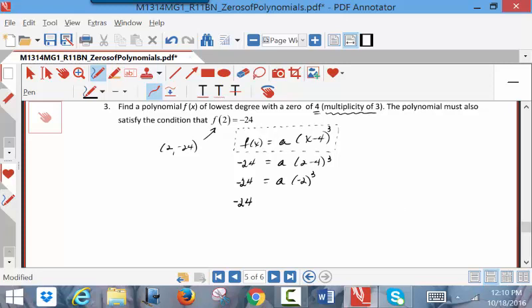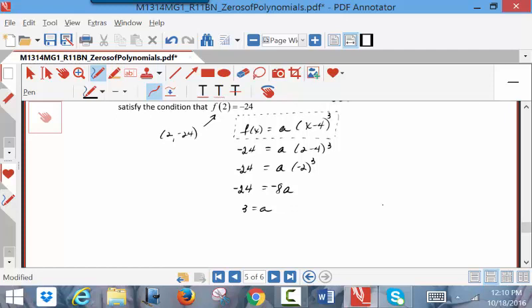Okay, negative 2 cubed is negative 8. And finally we get an A value that's not a half. So my function, and this is considered the factored form of it, equals 3 times x minus 4 cubed. There is your answer. There is your function.